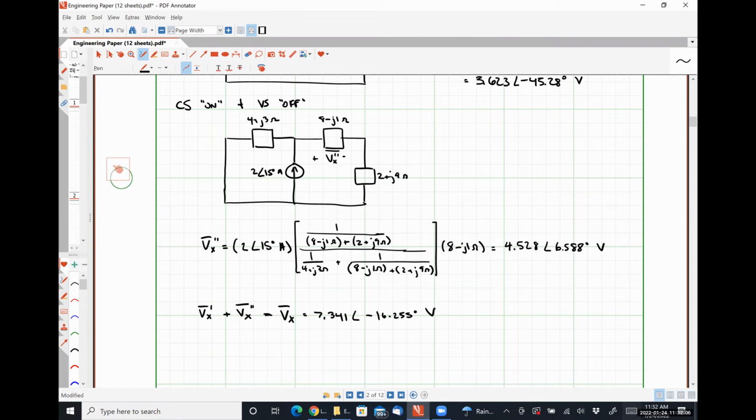Addition is best performed, if you were going to do it by hand, in a rectangular coordinate system. So it's really hard to say, unless these two angles were literally identical, what the magnitude or the phase angle is going to be.